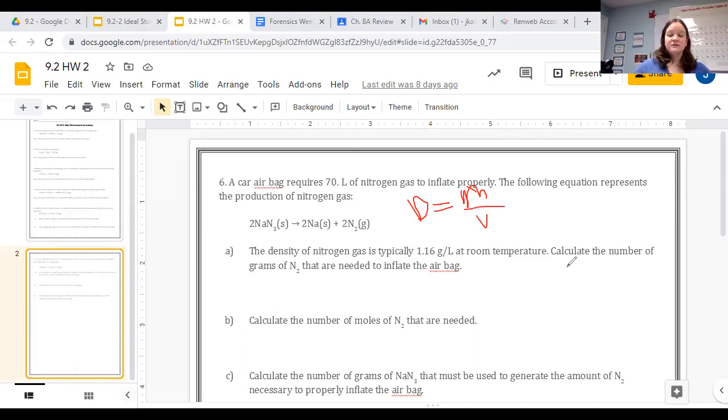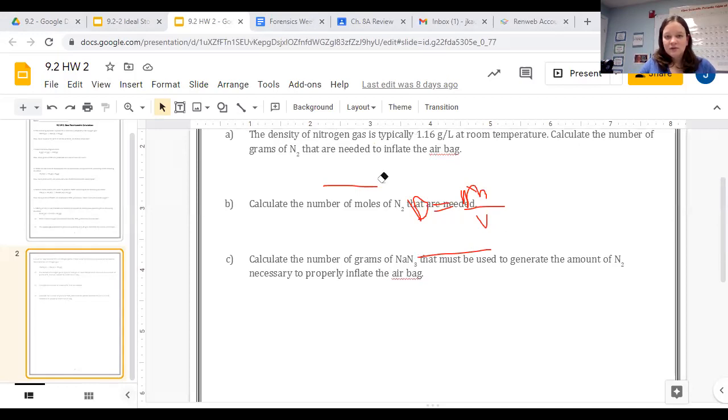If it gives you the density and what you need is the mass, you would do density times volume. It gives you the volume, and then down here it tells you the density. So use this equation, find your mass, density times volume. And from there, you can go through the rest of the steps just like you had it.